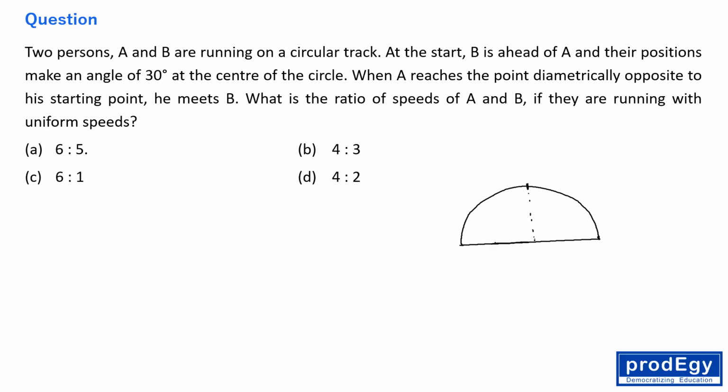This is A and this is B, and the positions of A and B make an angle of 30 degrees at the center of the circle, right? So this is the question.